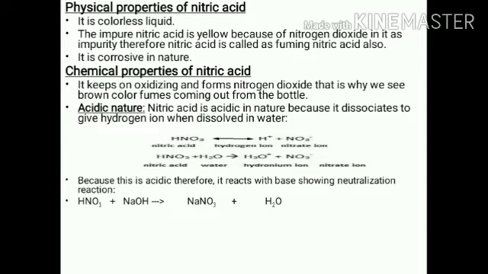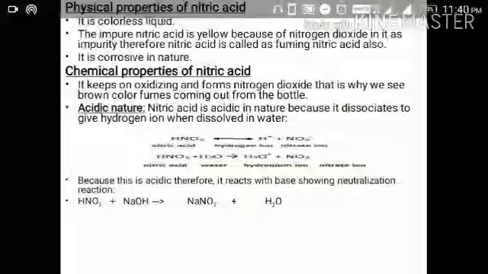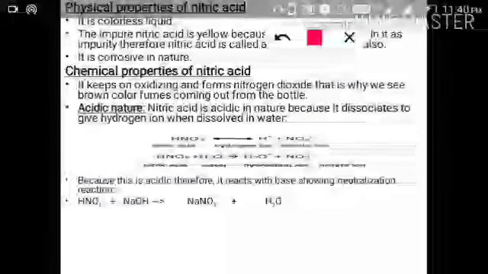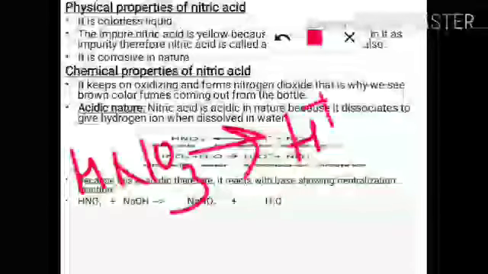When nitric acid, HNO3, dissolves in water, it gives H plus and NO3 minus, the nitrate ion.